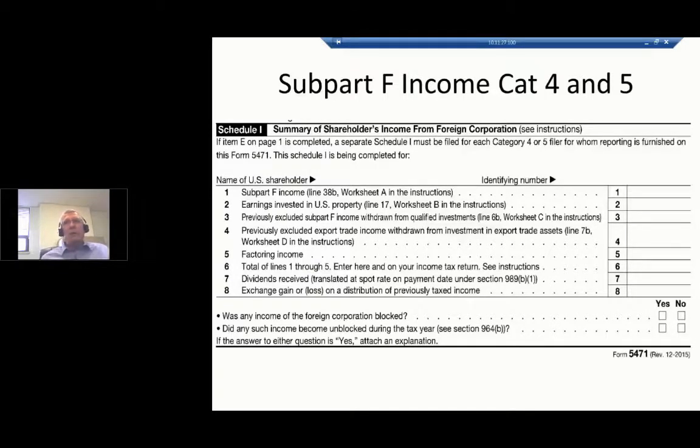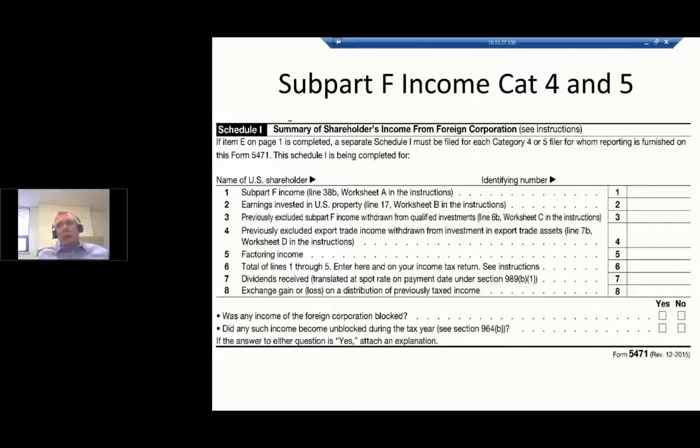The other part of the income of the foreign corporation is active trade or business income. And active trade or business income that is not considered to fall into any one of the bad Subpart F categories may be deferred, and you don't have to pay tax on that income currently.